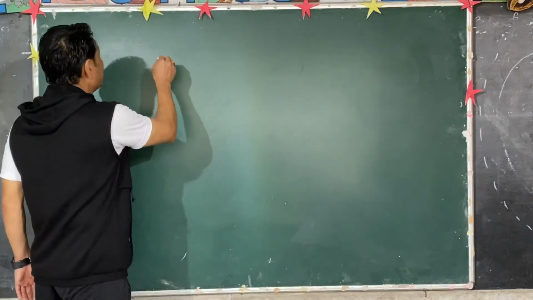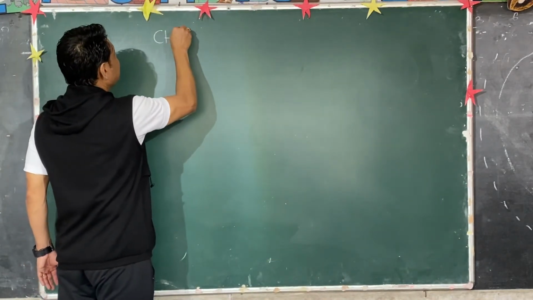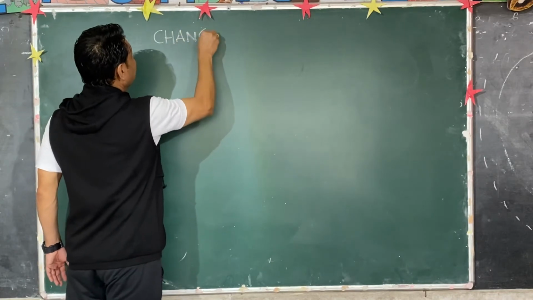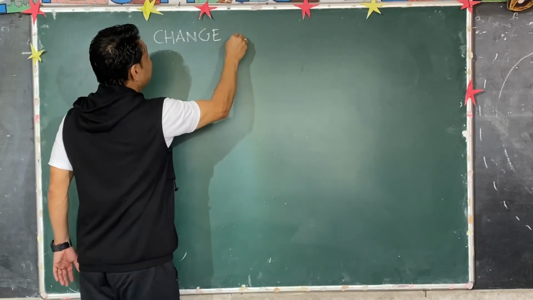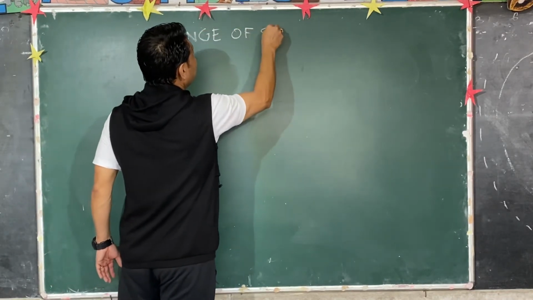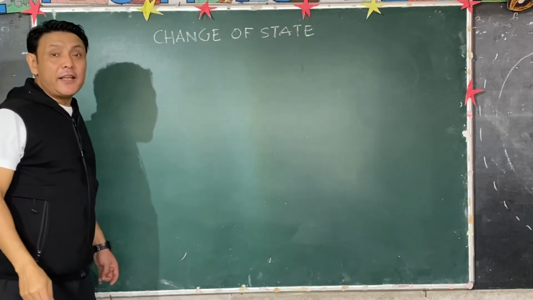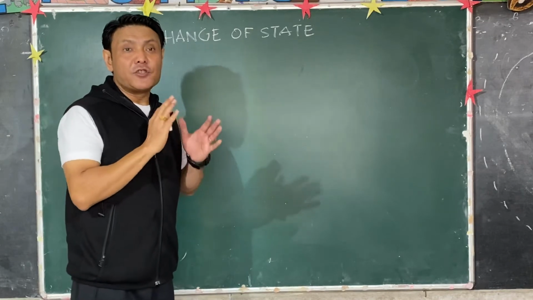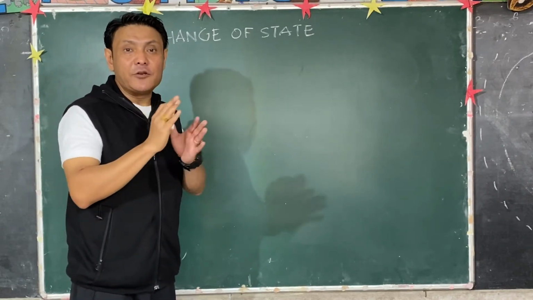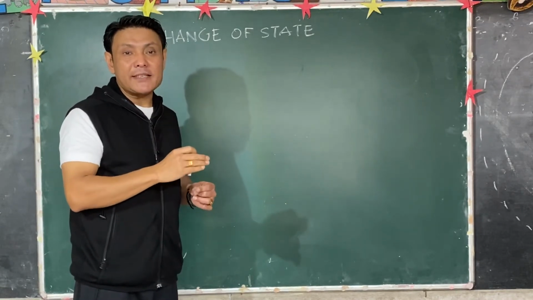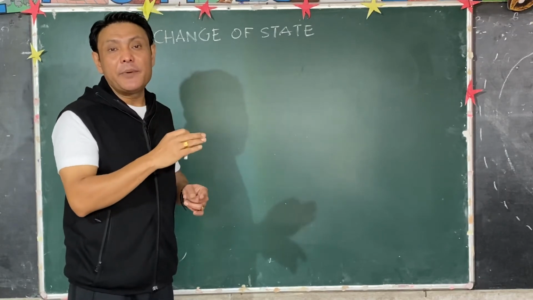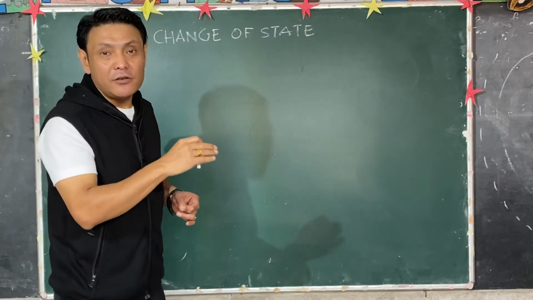When we talk about change of state, change of state over here means changing of solid into liquid, liquid into solid, solid into gas, gas into solid, liquid into gas, gas into liquid.